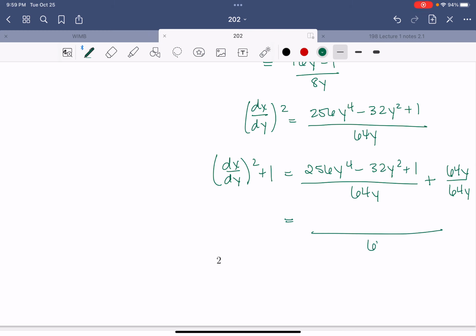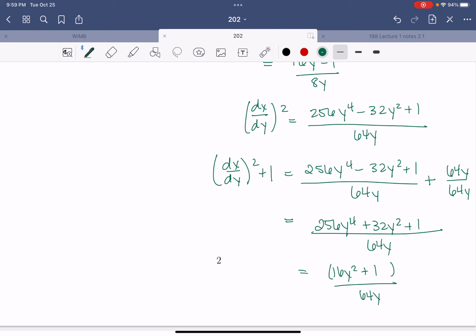So I have 64y on the bottom. And that's going to give me 256 y to the 4th plus 32y squared plus 1. And then that is factorable back as y squared, 16y squared plus 1 over 64y.